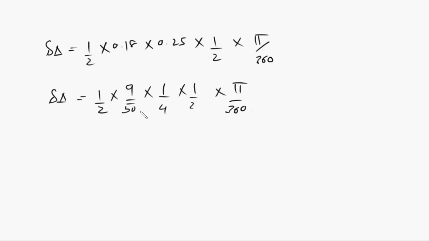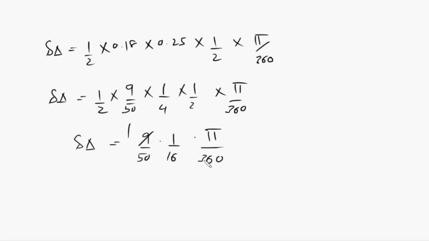So what do we have here? We're going to have this times this times this is just 16. It's just going to be 9/50 times 1/16 times pi over 360.